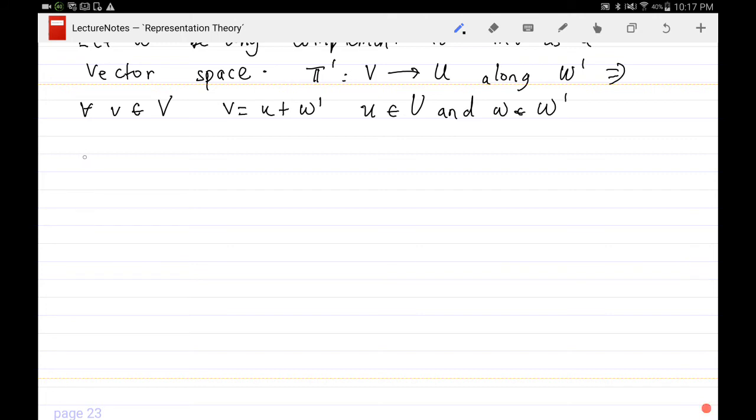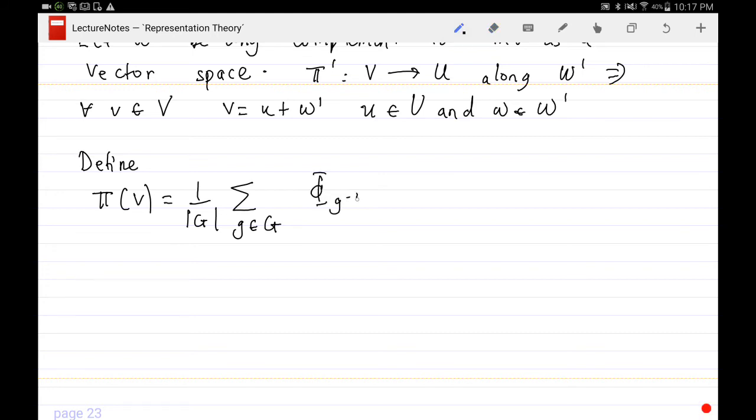So define pi v, not pi prime, but pi v, and it's going to act this way. Summation over g, and I'm going to do this.